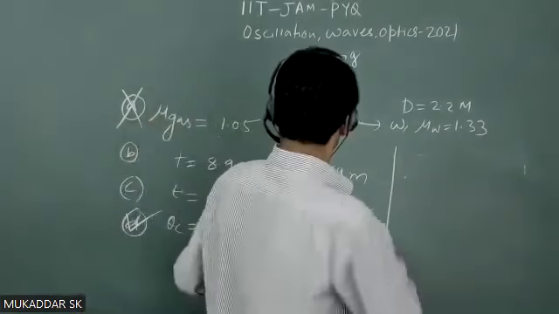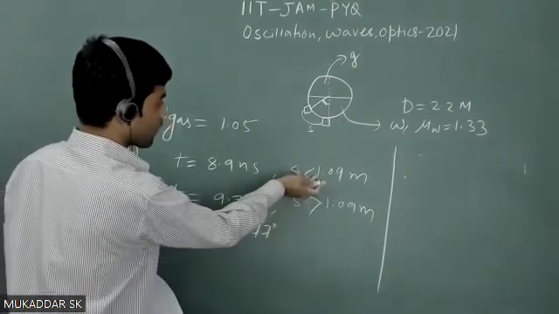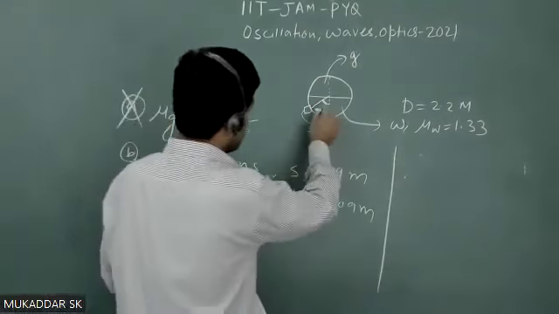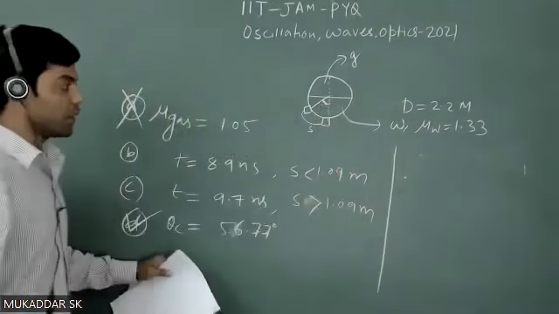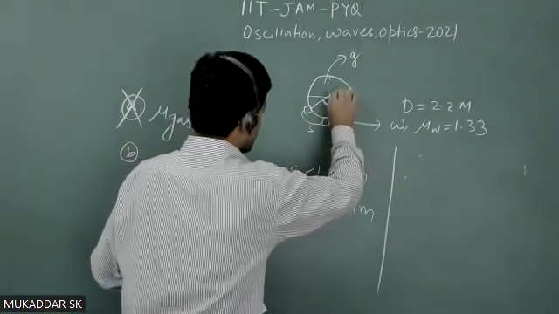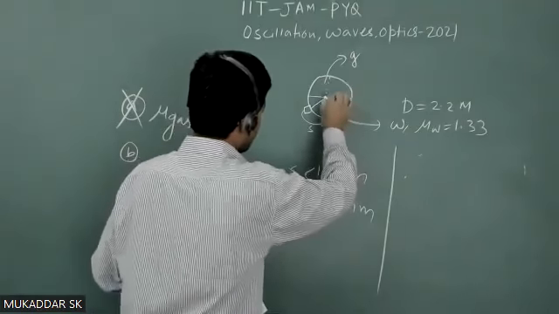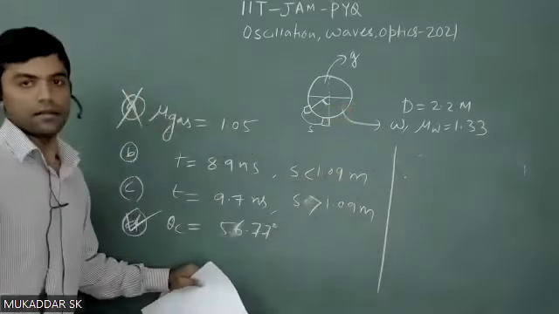So if you check option B, what they have given is, when S less than 1.09 meter, at this situation, what will happen? At this situation, that ray can pass through this gas. So when S is less than 1.09 meter, it means theta less than theta c.